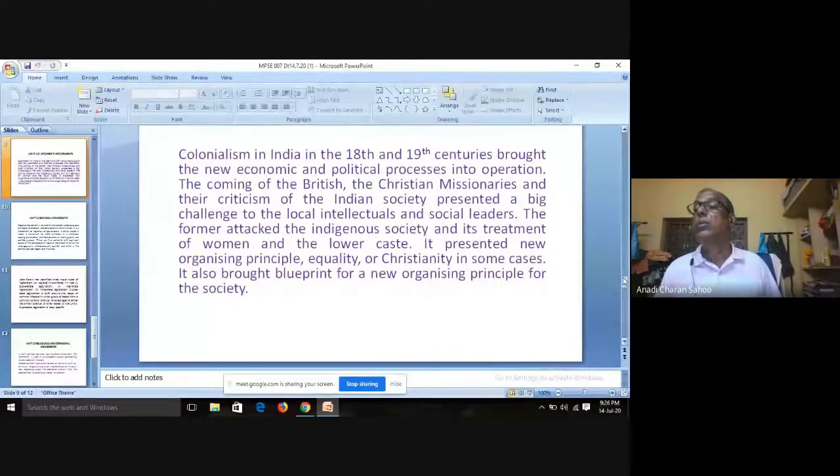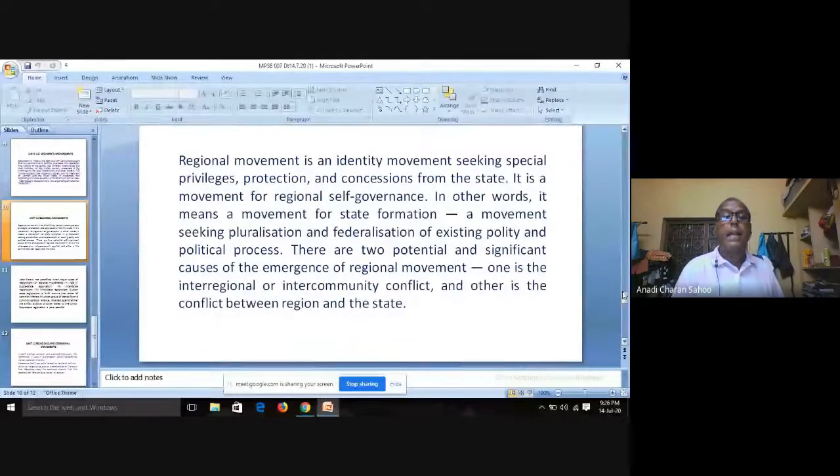This is all about Unit 10. Now it is Unit 11, regional movements. Regional movement is an identity movement seeking special privileges, protection, and concessions from the state.